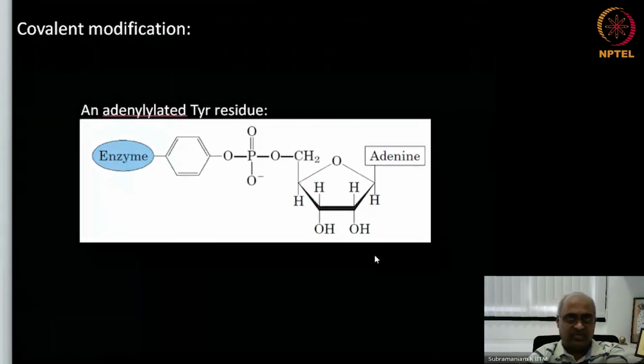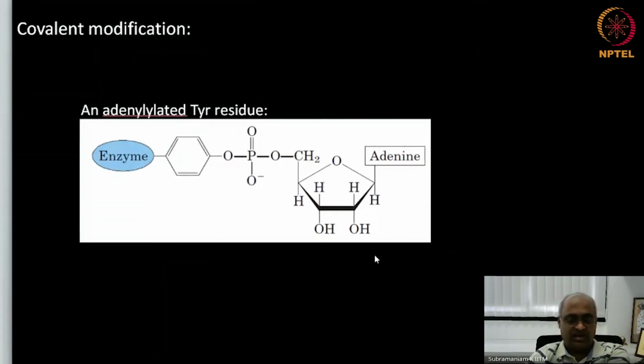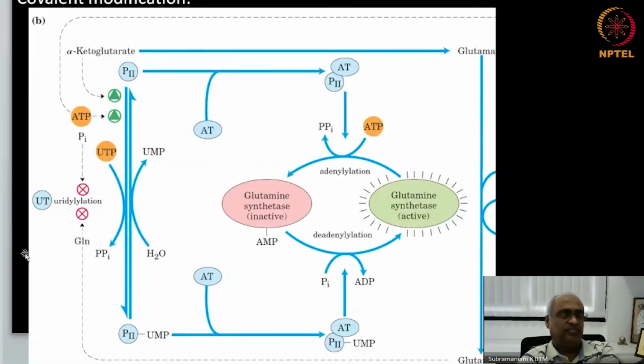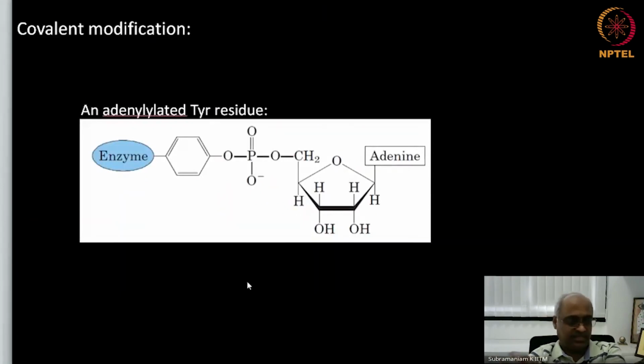In addition to it, now we have seen two levels of regulation. One, allosteric regulation, primarily by the amino acids and the energy availability, whether you have ATP or ADP. So we saw that. Second is this complex covalent modification. And the third is that this enzyme, this UT, also acts as a transcription activator or inactivator of the glutamine synthetase gene itself.